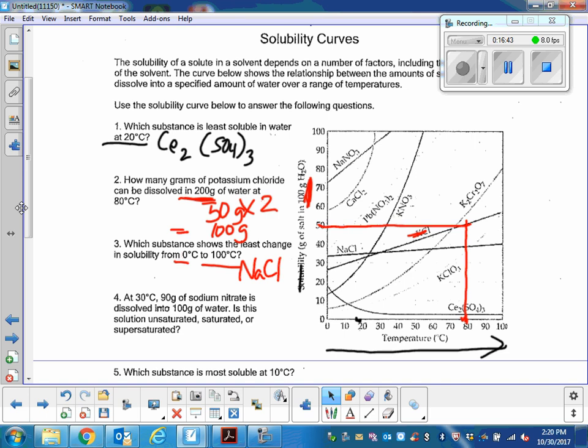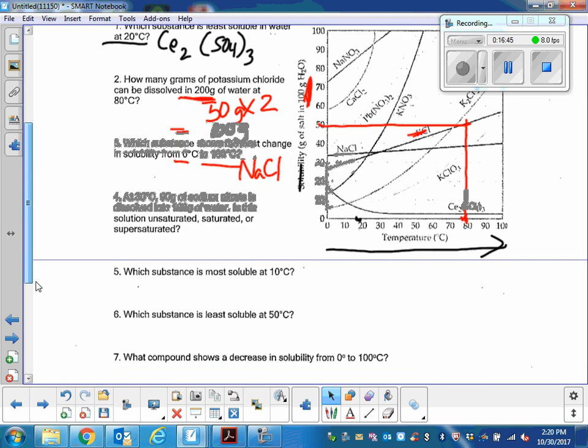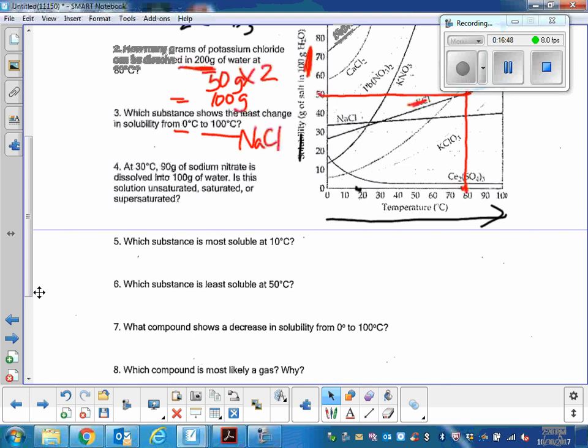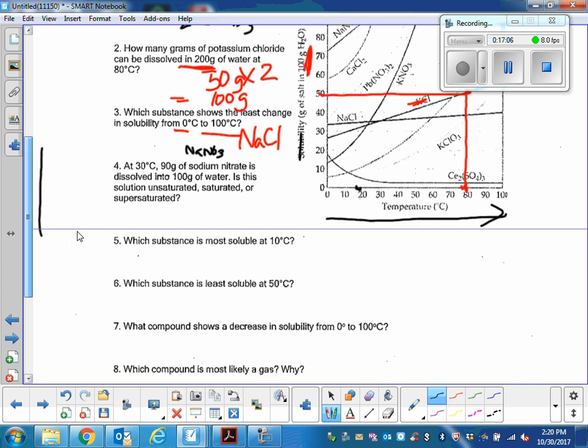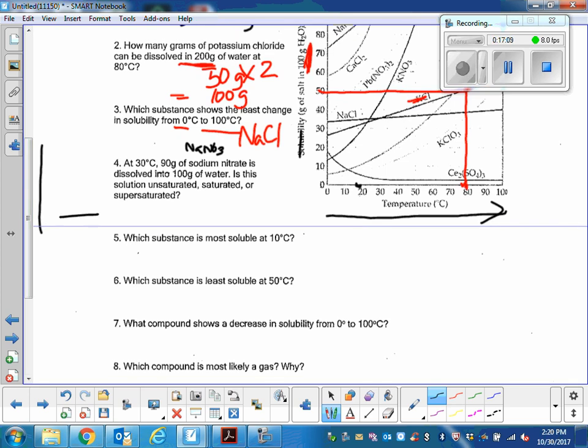Okay? Now, I'm going to go down to question number 4. Sodium nitrate, we will give you the formula on the test. This is NaNO3. So guys, remember, if there is a graph for a substance, and you get a point above the graph, it's going to be a supersaturated solution.